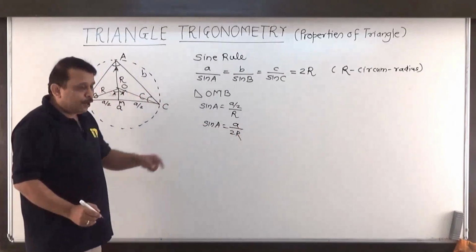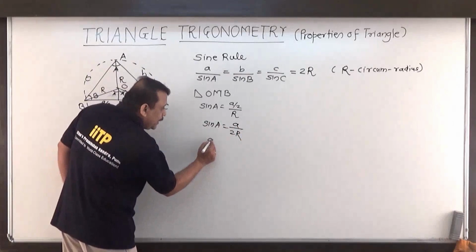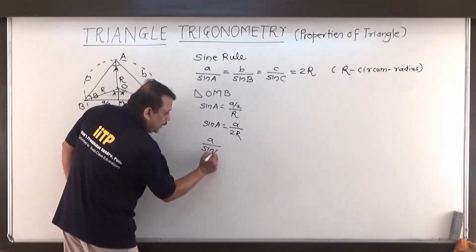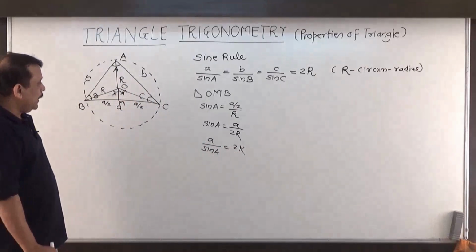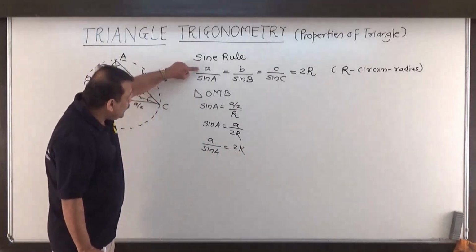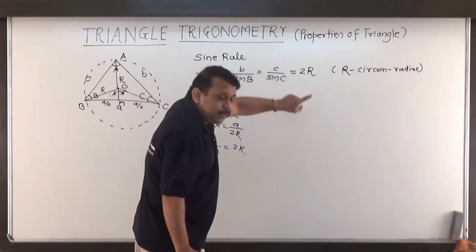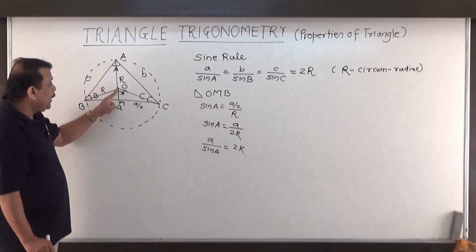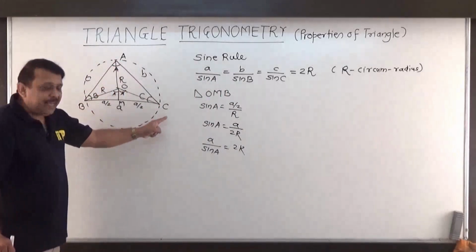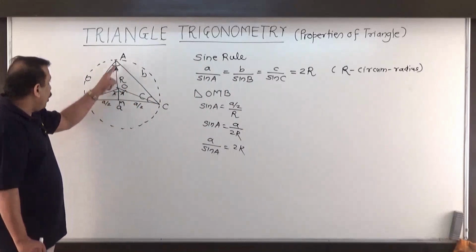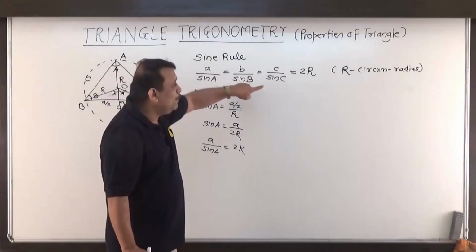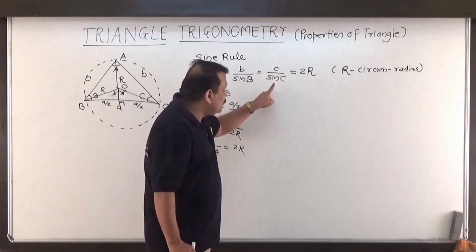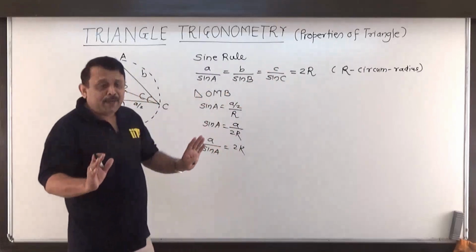So by doing the cross multiplication, I get a upon sine A is equal to 2R. Similarly, by dropping the perpendicular from O on the side AC and from O on the side AB, I can establish the result b upon sine B is equal to 2R, c upon sine C is equal to 2R.